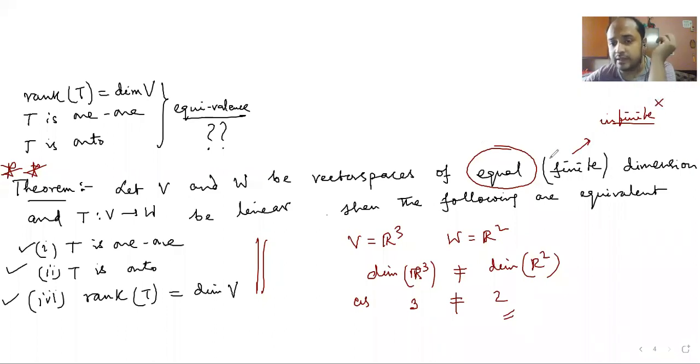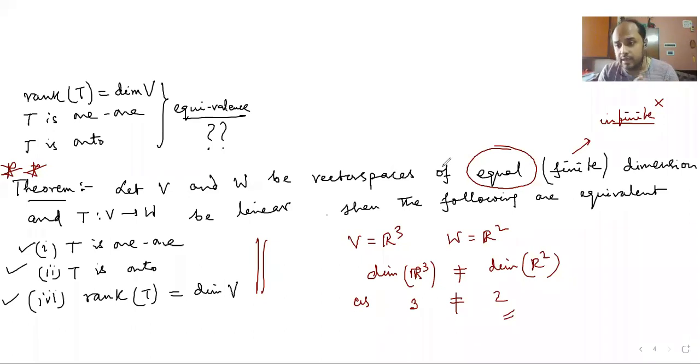Otherwise, they could have written that V and W are vector spaces of equal dimension. That means if I do not write the word finite, I'm not specifying it, so it would be true for both finite and infinite dimension. But you know a particular vector space which has infinite dimension, for example, the vector space of all polynomials whose coefficients are taken from the real numbers.